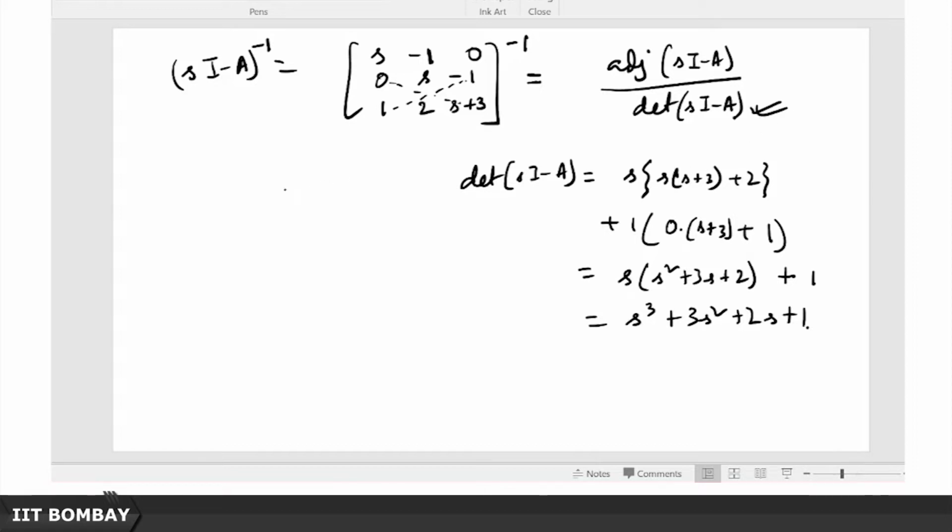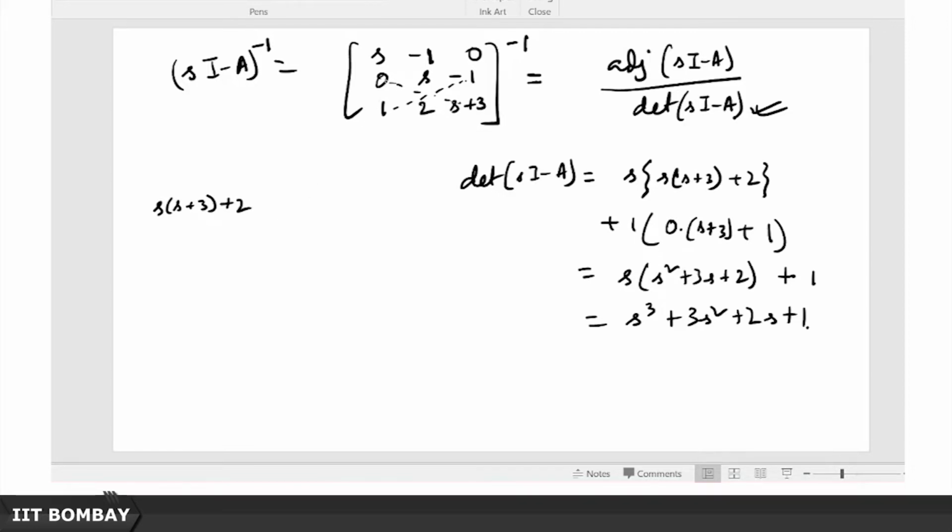Now what is this adjugate? It is the transpose of the matrix of cofactors. So what is the cofactor of s? The cofactor of s is s into s plus 3 plus 2. So I will have s into s plus 3 plus 2, that is the 1-1 entry.